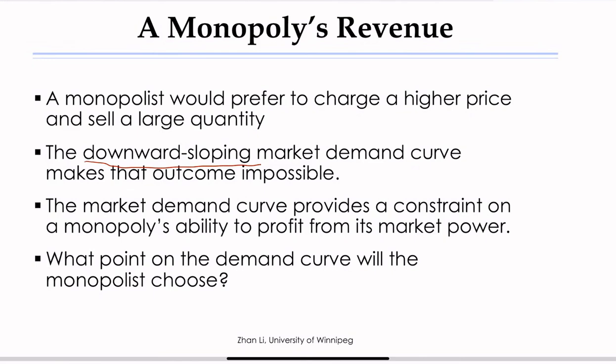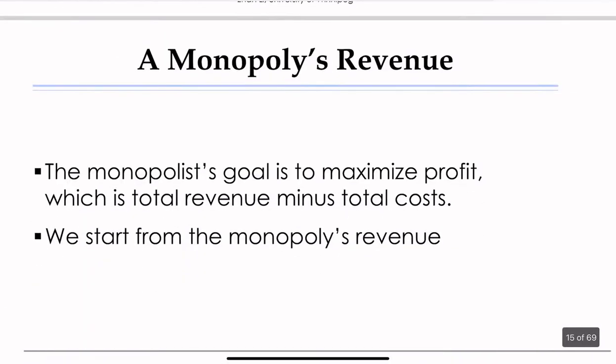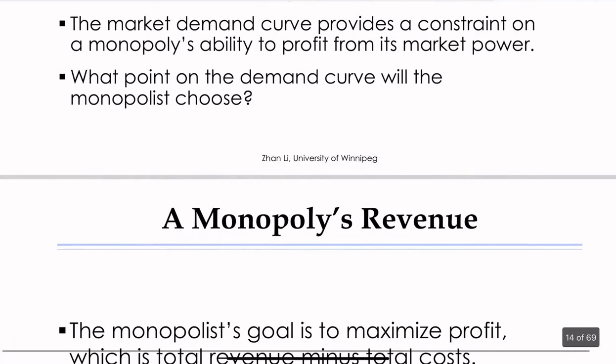If the firm wants to charge a higher price, it has to sell a lower quantity. So basically this means the market demand curve puts a constraint on the monopolist's power to profit from this monopoly market. So now the question is, at what quantity exactly will the monopolist want to produce to maximize its profit?